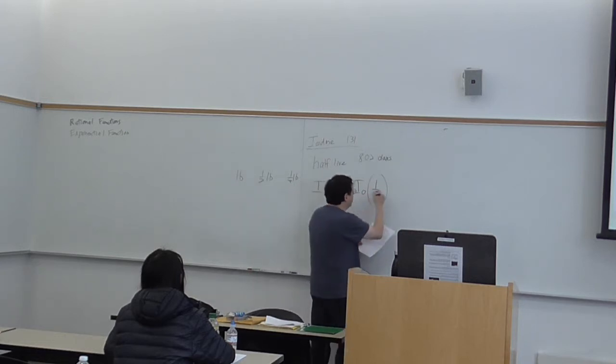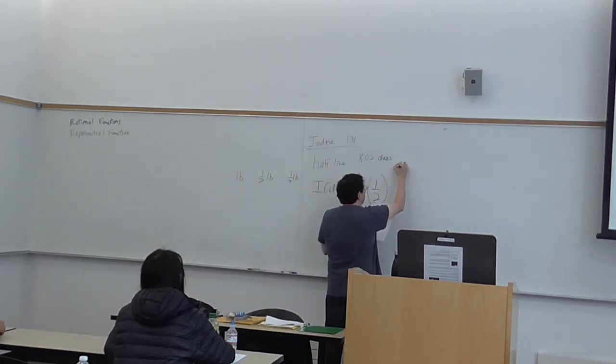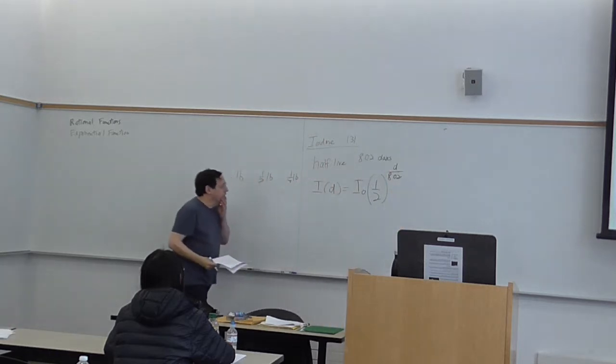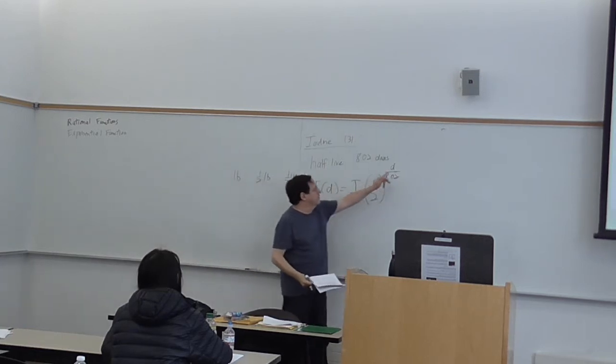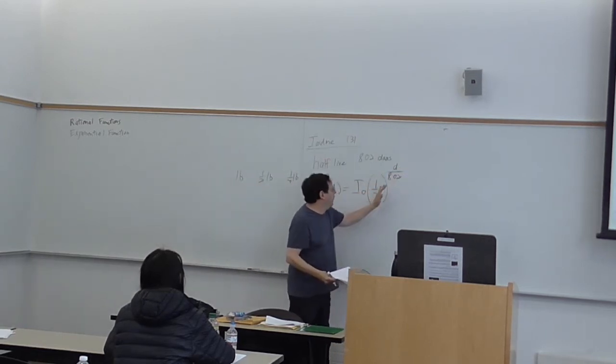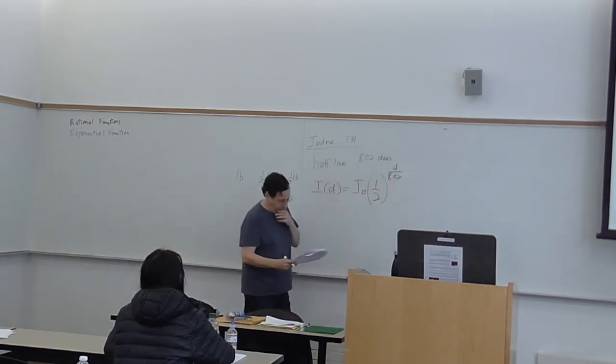Well, I want days, so that's going to be D over 8.02. In other words, every 8.02 days, I've got half as much left.